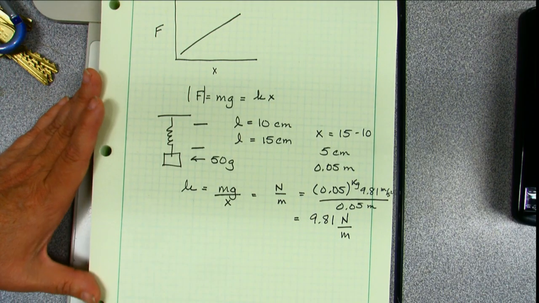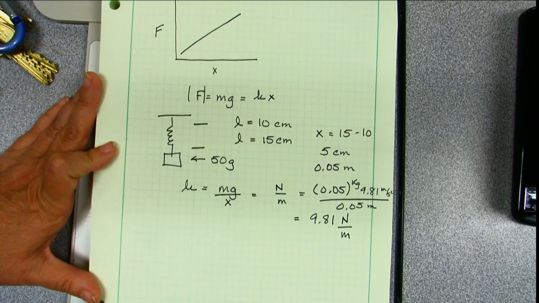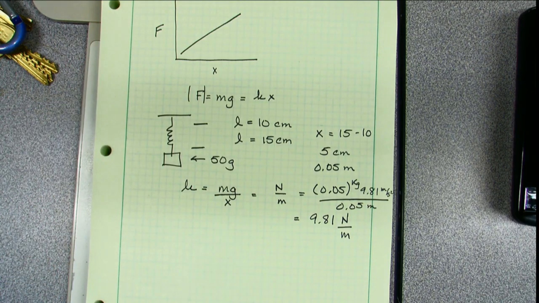So you don't forget, you can actually calculate your spring constants for your experimental setups. And you can get those taken care of. So just a little bit of a reminder as to how that all works.